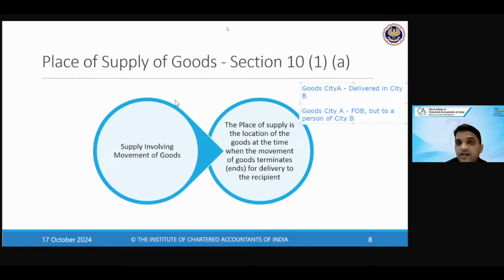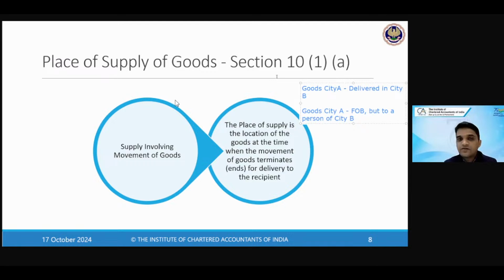FOB is freight on board. That is, ex factory. You call it FOB in case of import, but locally, within the same country, you will call it ex works or ex factory. So where your responsibility ends when you manufacture and keep the goods at your factory gate, that is called ex works.